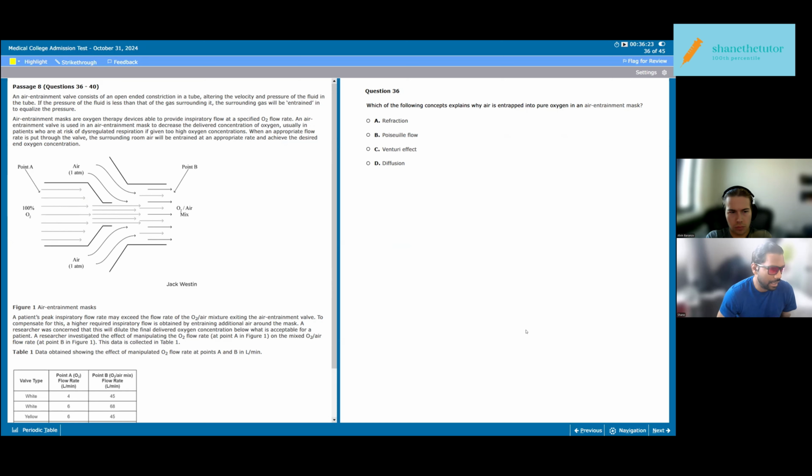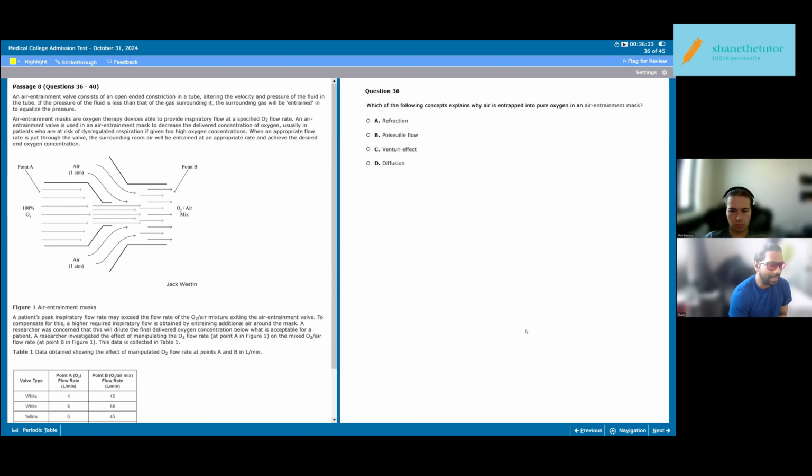Okay. And then air entrainment masks are oxygen therapy devices able to provide inspiratory flow at a specified O2 flow rate. So flow, we want to be thinking about either the continuity equation, the Bernoulli equation, or Poiseuille or something like that.